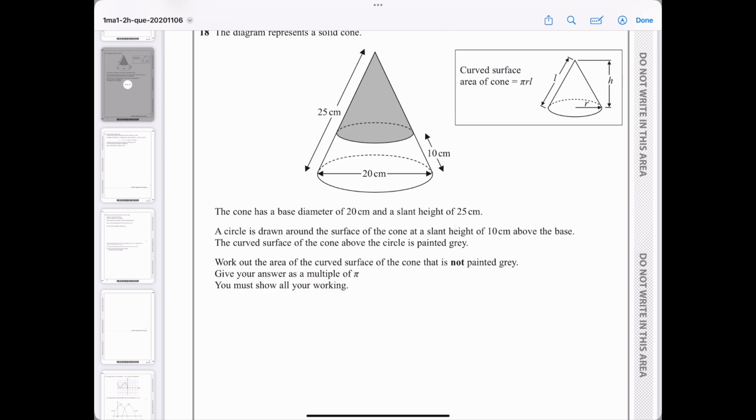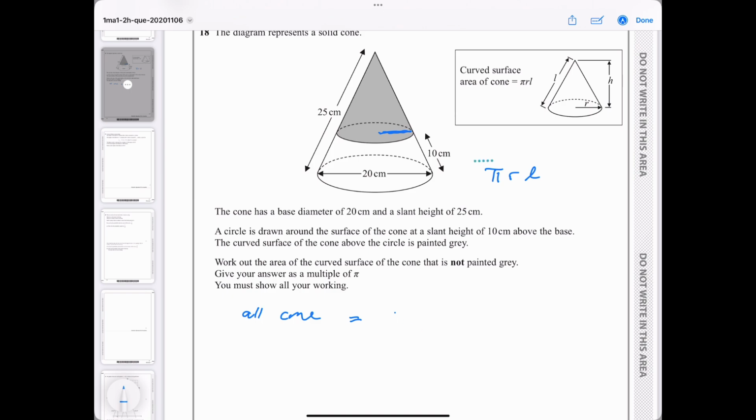Right, so what we're going to do first is work out the curved surface area of the whole cone. The curved surface is equal to pi r l.